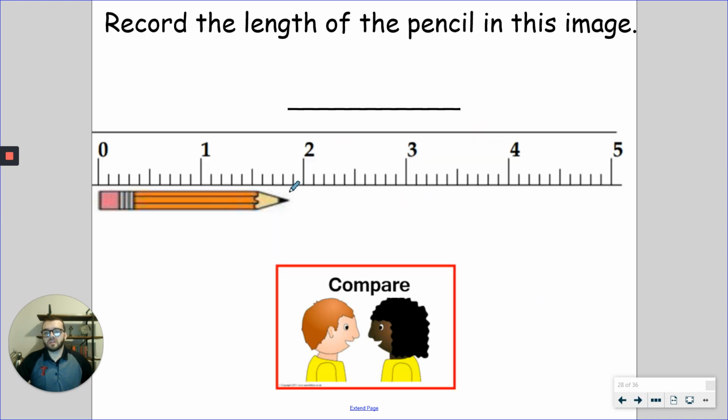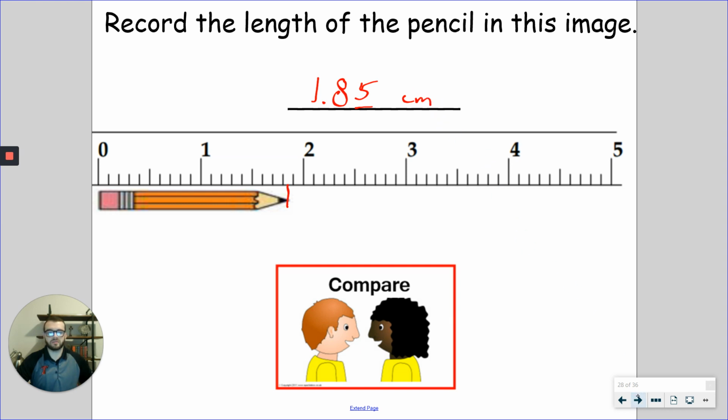Okay. Square the length of the pencil. Looks like it ends right there. So it's at least 1. We're going to be accurate with that. And there goes 0.1, 0.2, 0.3, 0.4, 0.5, 0.6, 0.7, 0.8. 1.85. That one's an estimation. And don't forget your units.